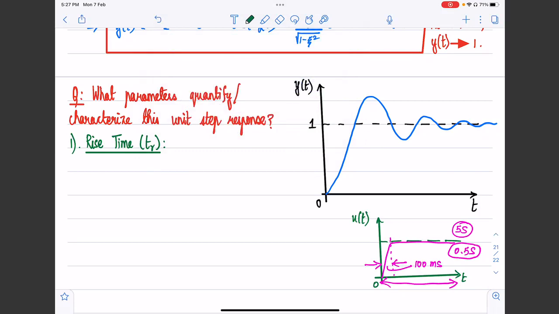If you look at that classification, that was for all bounded inputs. Step and sine happen to be bounded inputs. If you take the pure ramp input, it's always unbounded. Why? If I plot the unit ramp input, u of t equal to t, it is unbounded in magnitude.